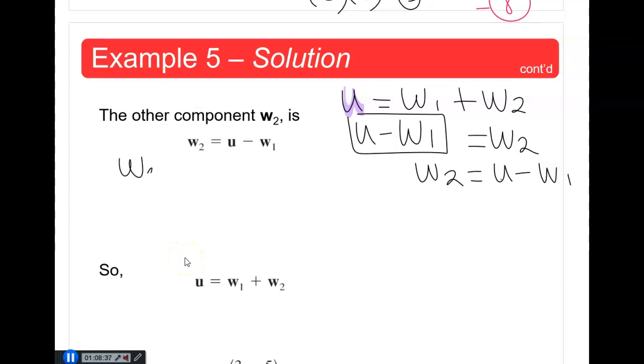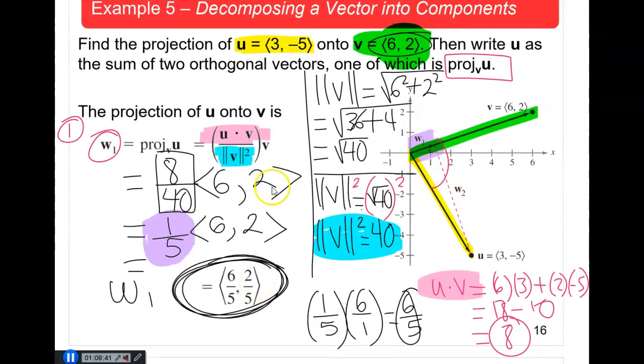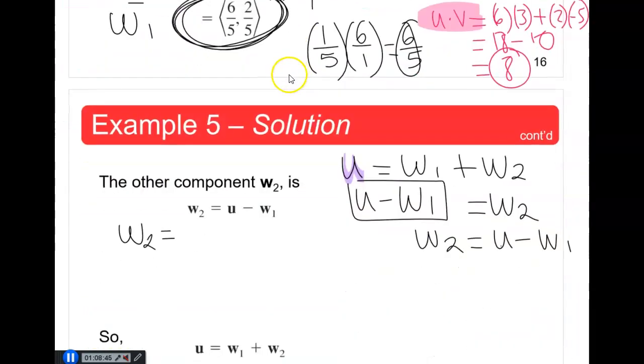So for W sub 2, we're going to get vector U, which we have here, the original, 3, -5. And then we're going to find W sub 1, which is what we found from the previous step right here. So that will be 6/5, 2/5.